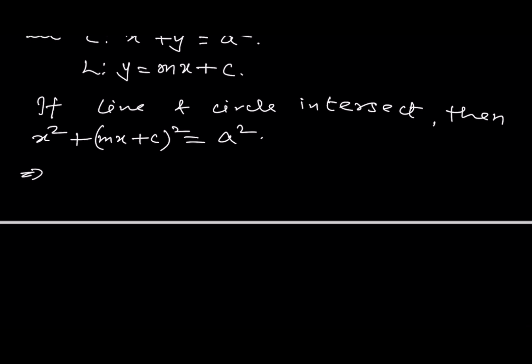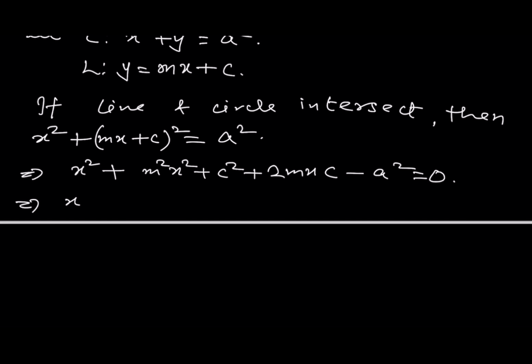If I expand this, I will get x square plus m square x square plus c square plus 2mxc minus a square is equal to 0, right? So x square times (1 plus m square) plus 2mxc plus c square minus a square is equal to 0.